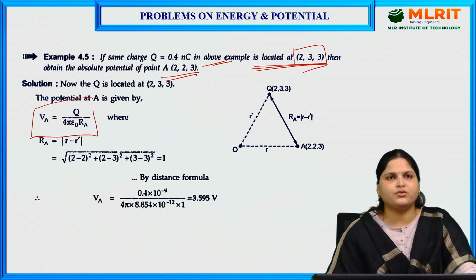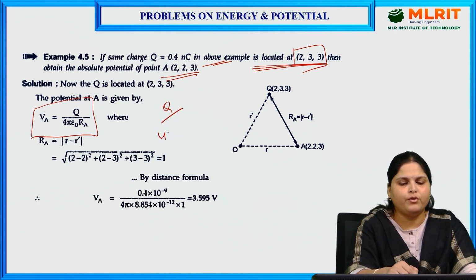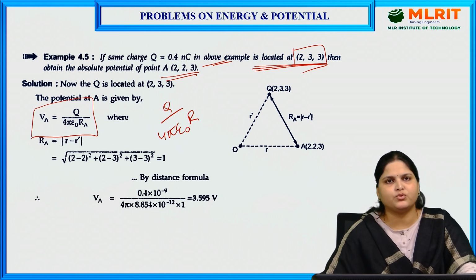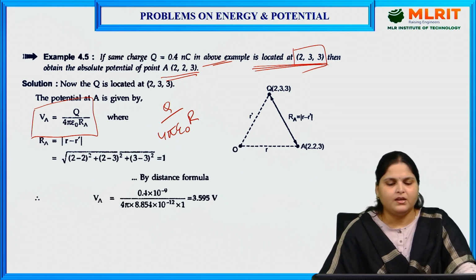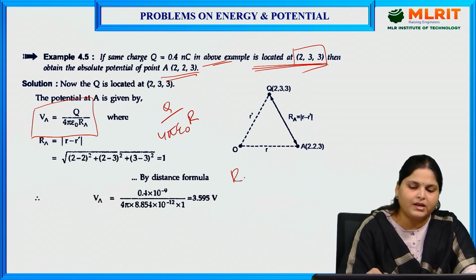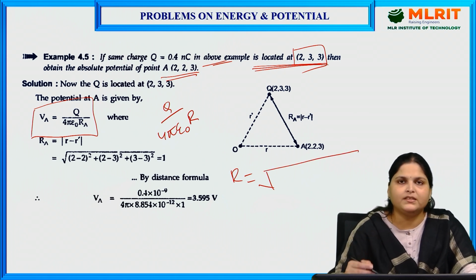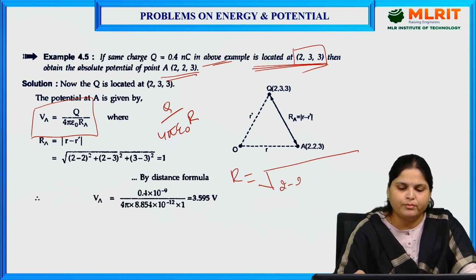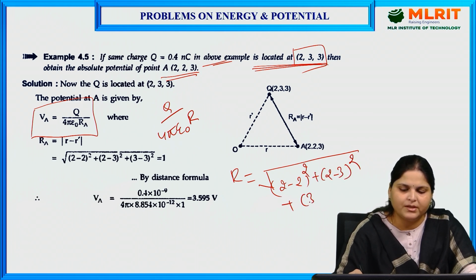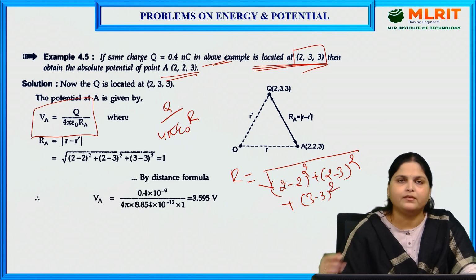VA is equal to Q upon 4 pi epsilon naught R. R is the distance between these two points. So first of all, we will have to find R, and R is the distance from A to Q, so it will be the square root of (2 minus 2) square plus (2 minus 3) square plus (3 minus 3) square.